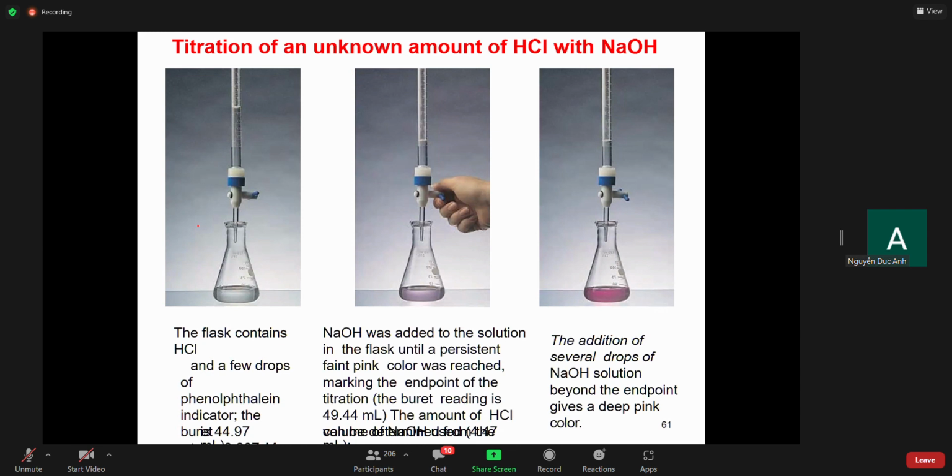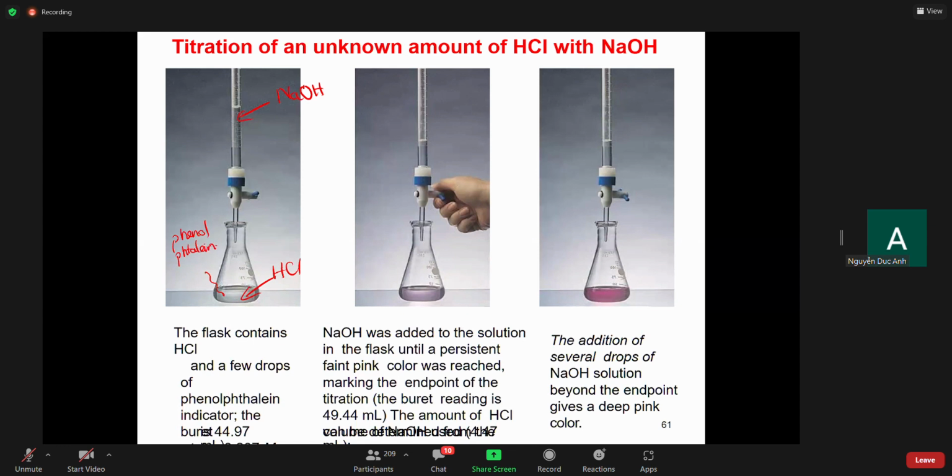For example, you do the reaction of HCl. Oh sorry, you see HCl here. In this you have NaOH, for example, and this one will contain some drops of phenolphthalein.